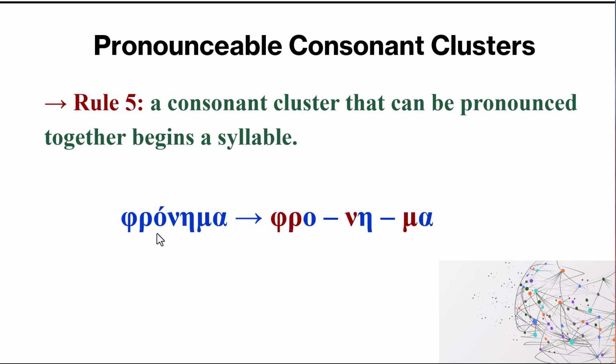So here's an example, phronema. So we have phi rho, and that is a cluster that can be pronounced together. And so that begins the syllable. Then we have a single consonant that begins the next syllable, and then another single consonant that begins the final syllable.